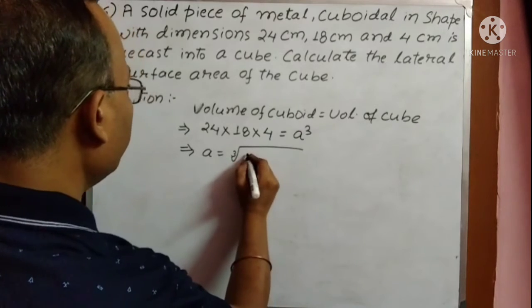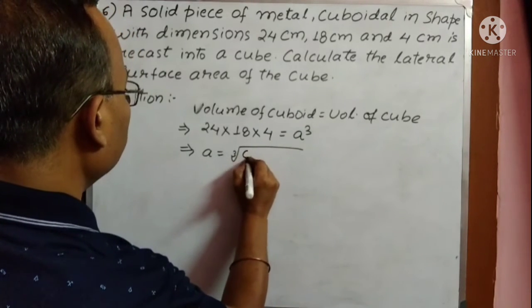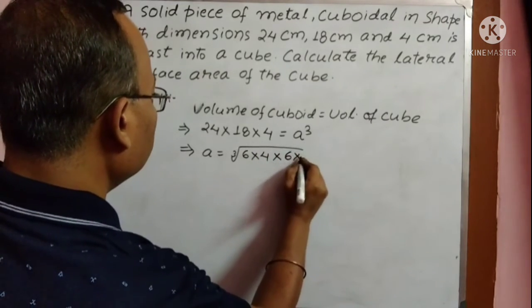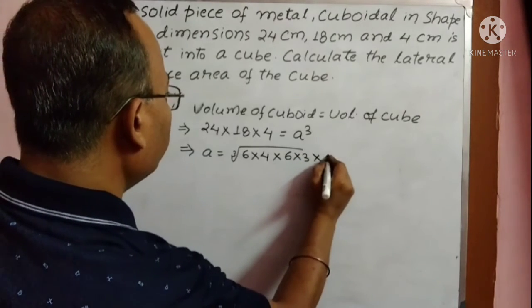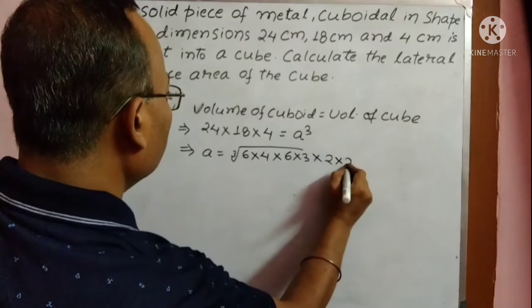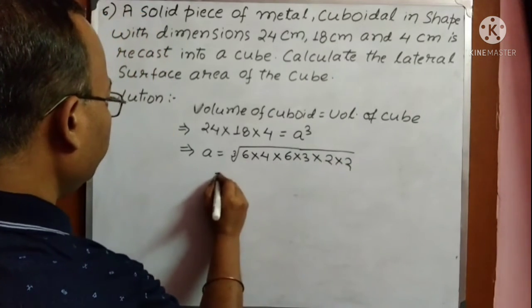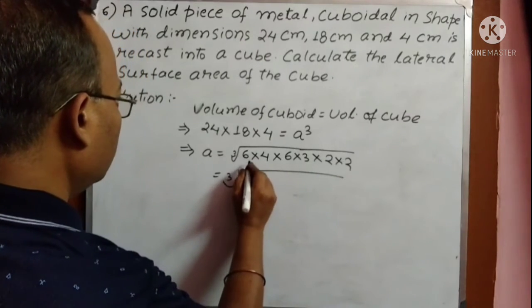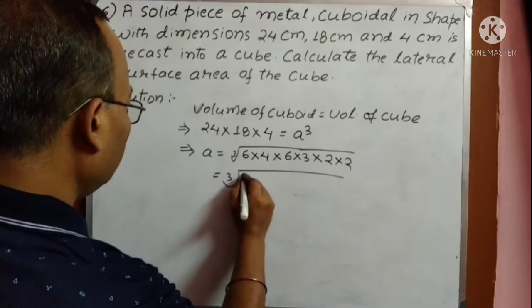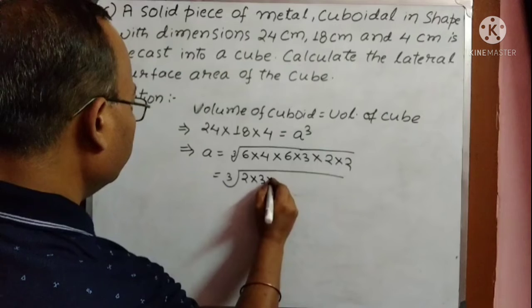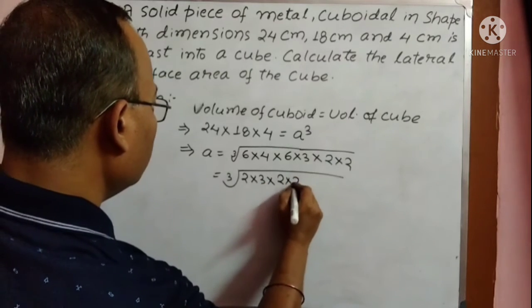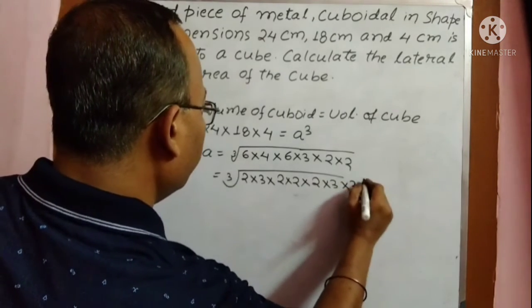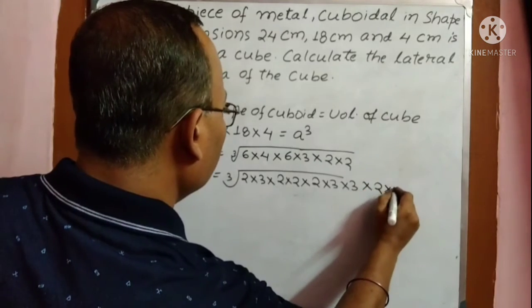So 24 you can write down as 6 into 4, 18 as 6 into 3, and 4 you can write as 2 into 2. Again you break down this 6, 2 into 3.